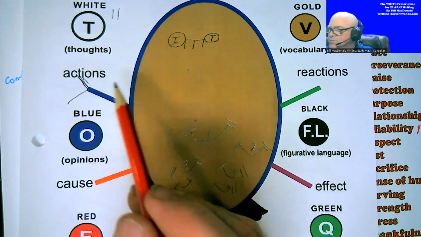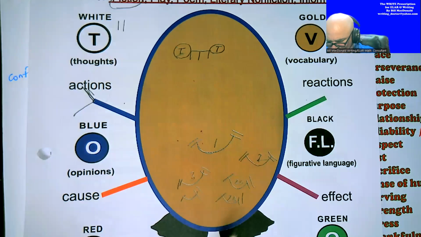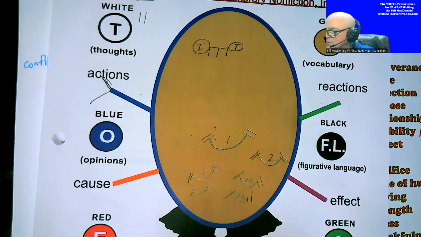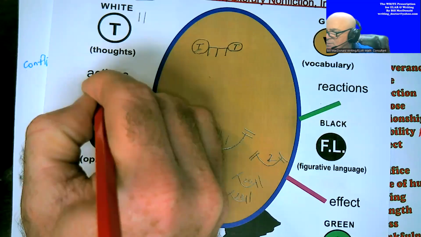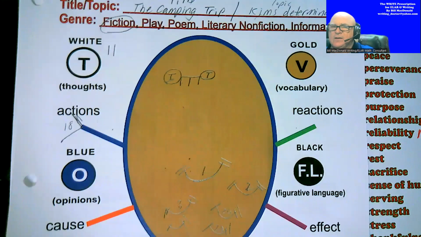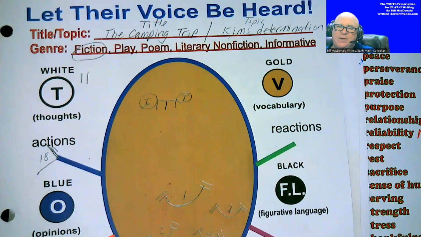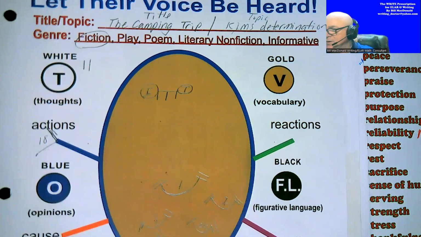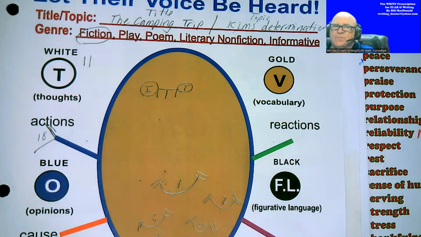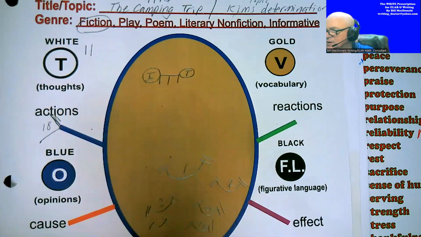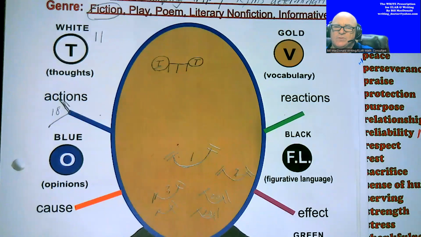Or you could use paragraph 18 to talk about her actions. And so if you're going to laminate it and use a dry or wet erase or a permanent marker, then depending on which means of writing you use, you can get it off and use it again multiple times.